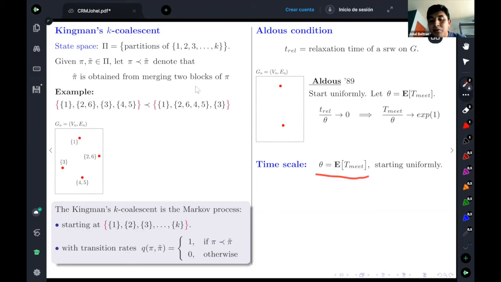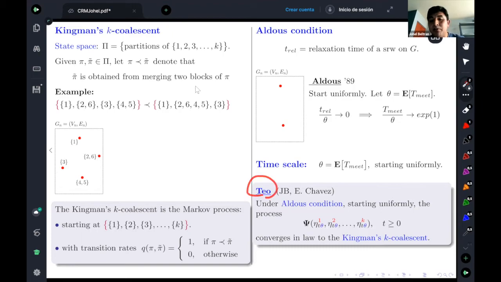So obviously we use, for the scaling limit, the mean value of the meeting time, and in our results we can prove that the projection of the coalescing random walks on the state space, the set of partitions, converges to a Kingman coalescent when you start uniformly and under the same conditions that Aldous used in his result.